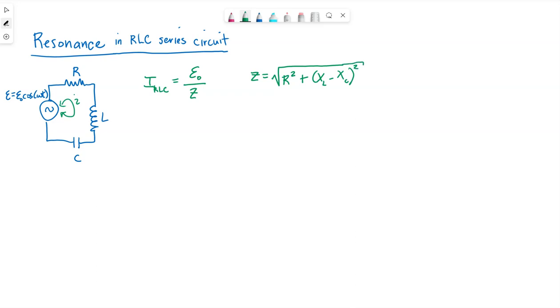Z depends upon R, the actual resistor value, and also upon XL, which we call the inductive reactance, and XC, which we call the capacitive reactance.